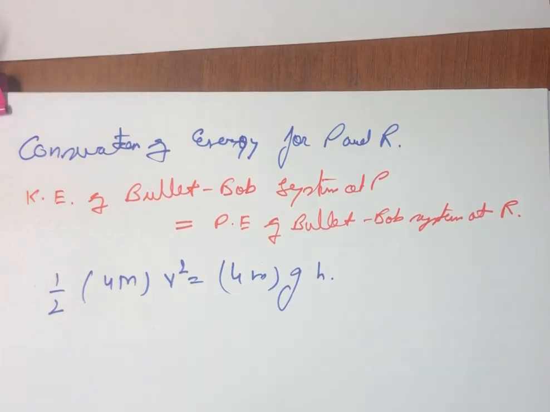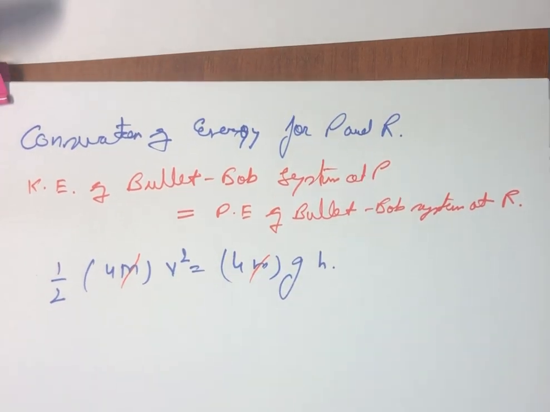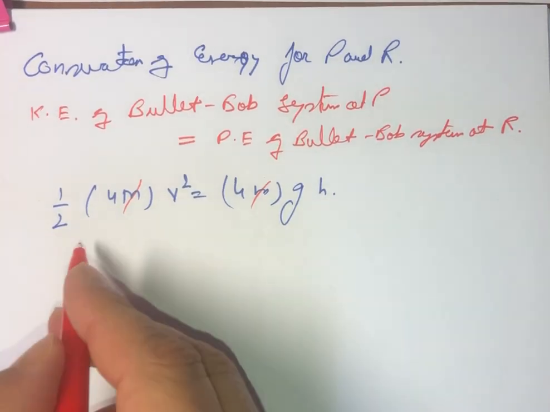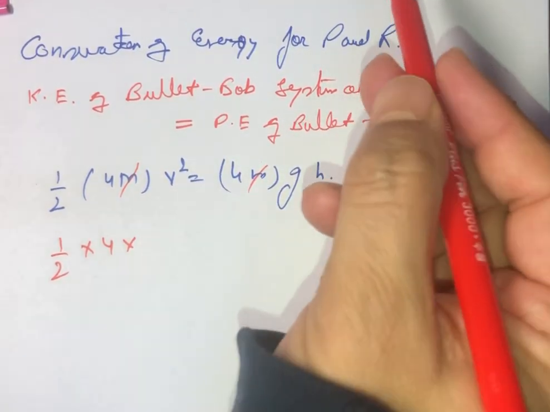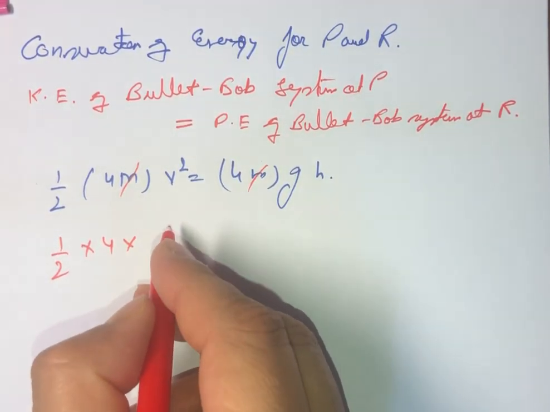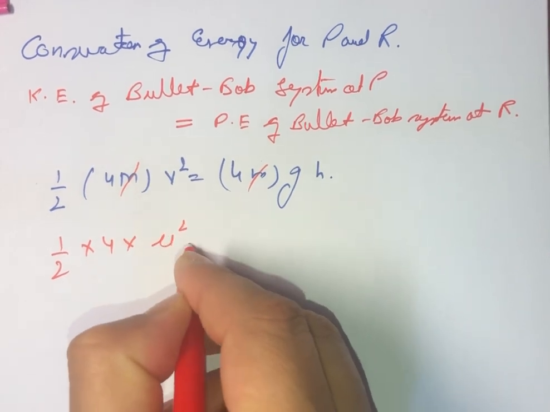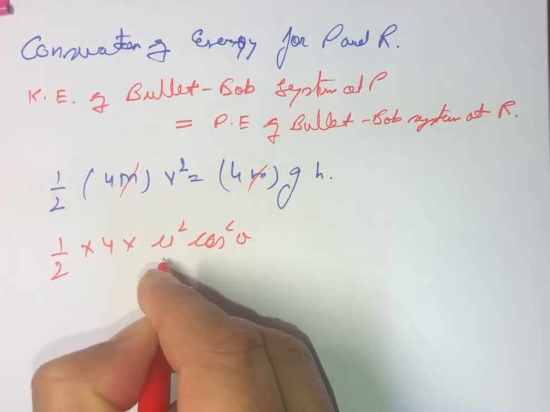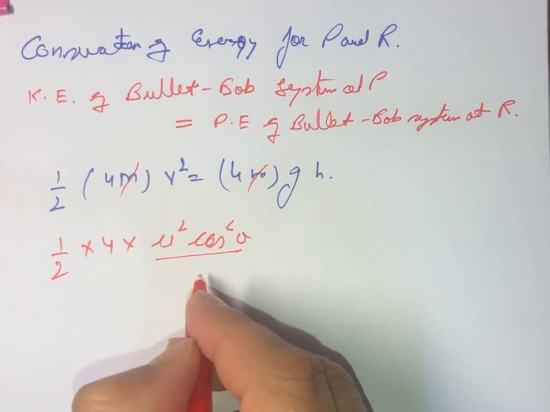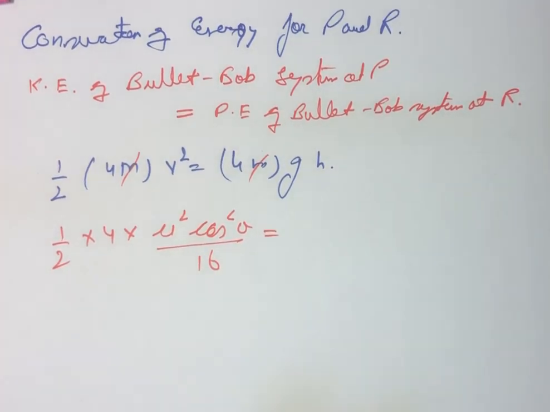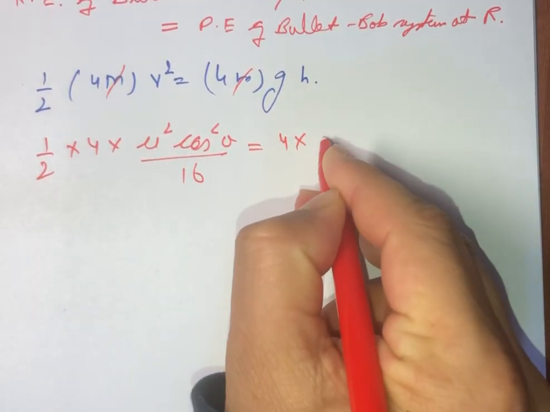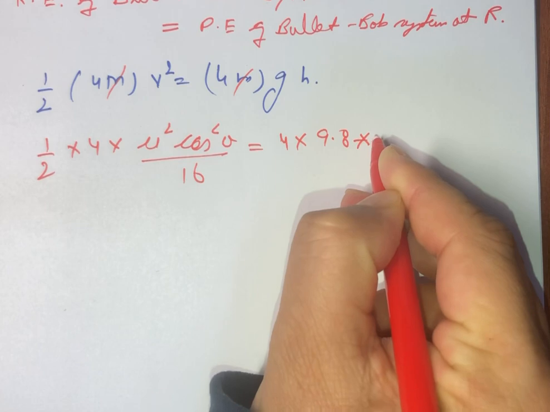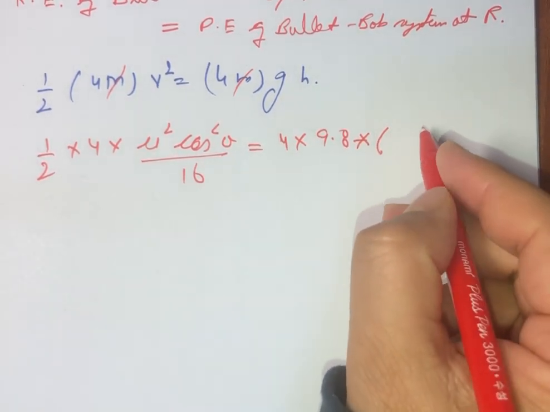So m and m cancel out, so we get half into 4 v square, and we already have v from equation 1, so we get u square cos square theta divided by 16 is equal to 4 into 9.8 multiplied by h. h will be the total height.